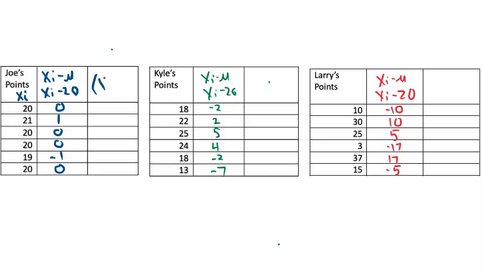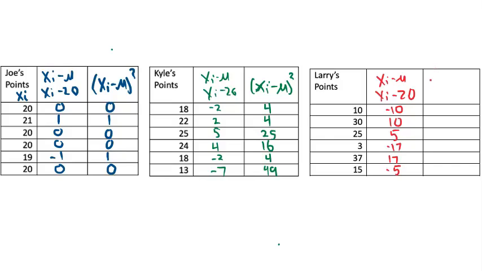So now I'm going to take each data value minus the mean, and I'm going to square it. Now this table becomes the same because 1 squared is 1, so squaring it is the same as the absolute value. If I go over here though, and I'm doing each data value minus the mean squared, now I get 2 squared is 4, 4, I get 25, 4 squared is 16, 2 squared is 4, 7 squared is 49, right?